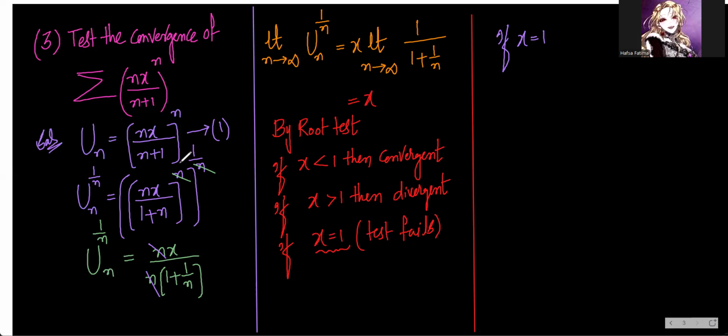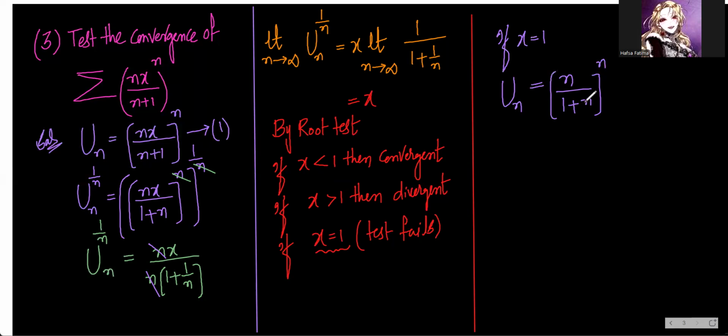What happens to the value of u_n? It is 1 times n power n, actually not written like that, n by 1 plus n, all to the power of n, right?